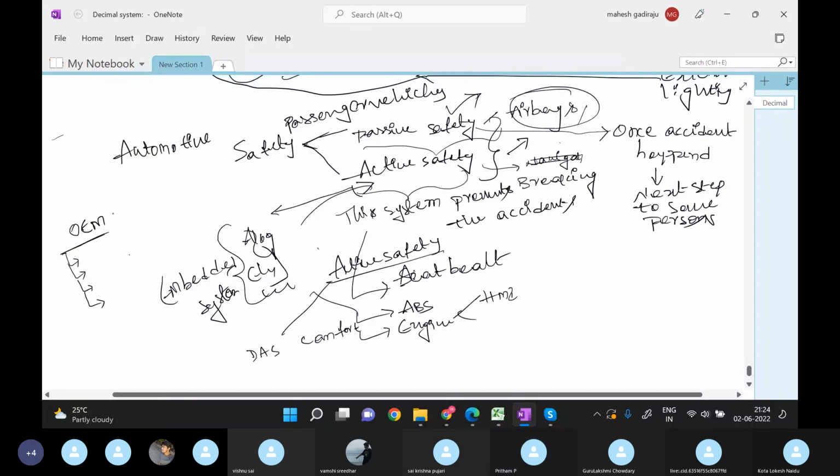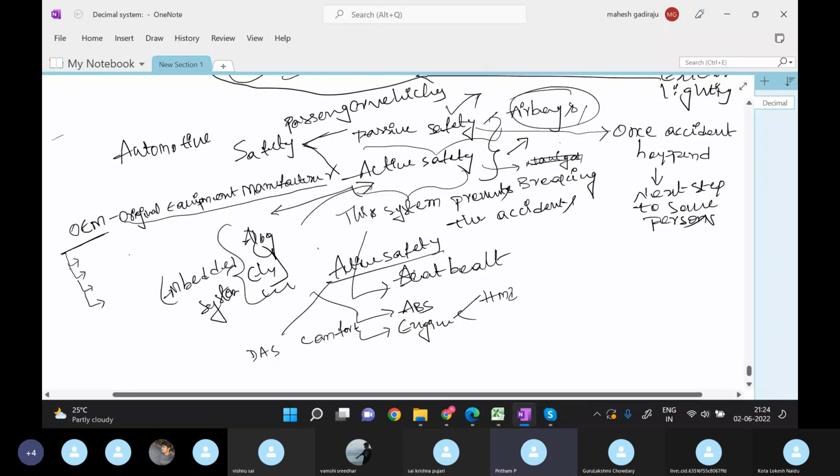Can anyone tell me the OEMs which are there in the automotive?